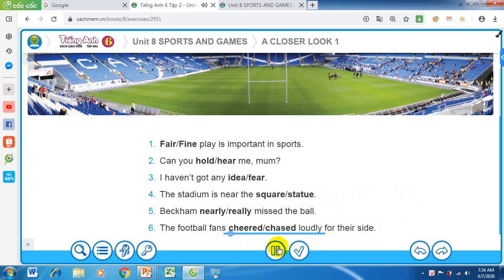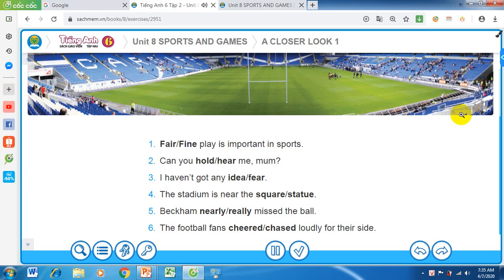Unit 8, page 18. A closer look 1. Activity 6. Listen to the sentences and choose the right words. 1. Fair play is important in sports. 2.